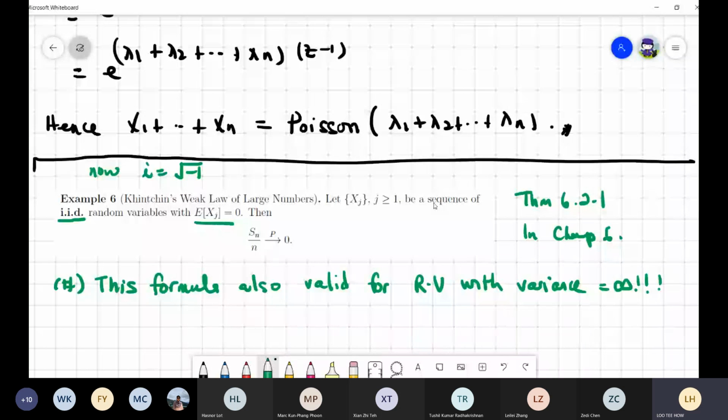We do not need the variance to be finite here. So again, they are independent and having the same distribution. Then with zero mean, Sn over n will converge to zero in distribution.